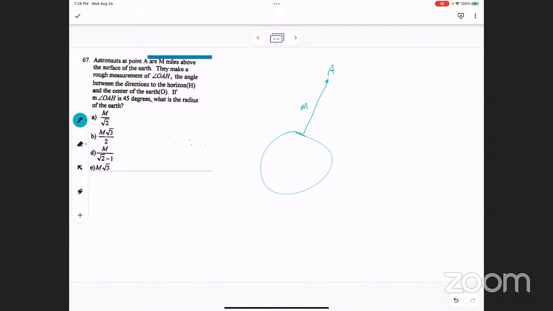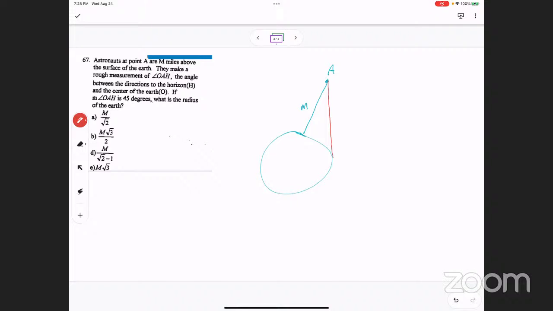They make a rough measurement of OAH, the angle between the direction of the horizon and the center of the Earth. So this is the tricky part. What are they talking about? The horizon. So I think that's this.